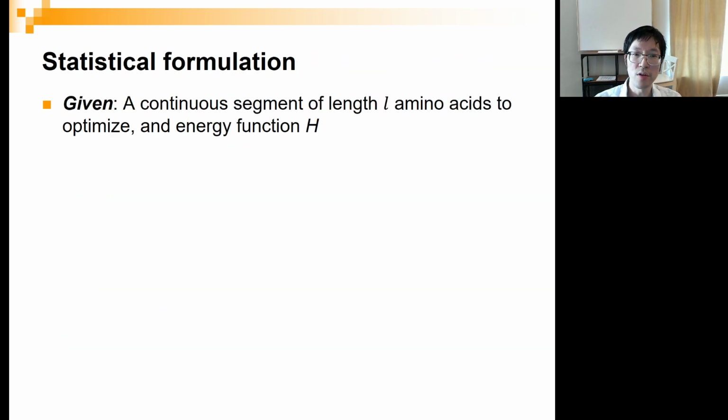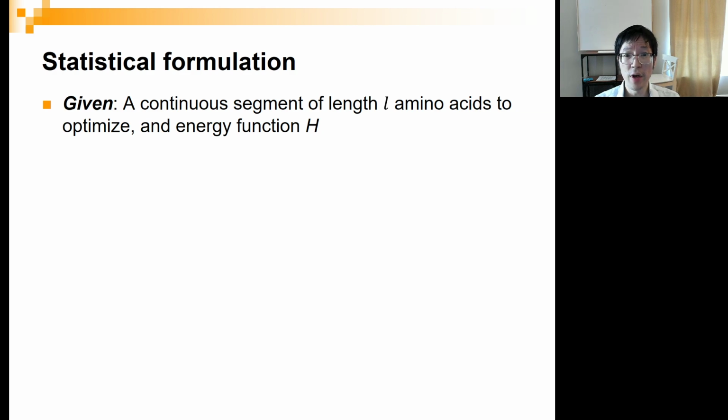Here's how we could frame this problem from a statistical point of view. Suppose we are interested in a continuous segment of L amino acids. We want to optimize and find low energy possible conformations.